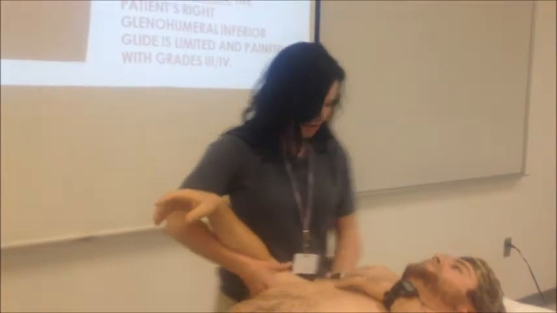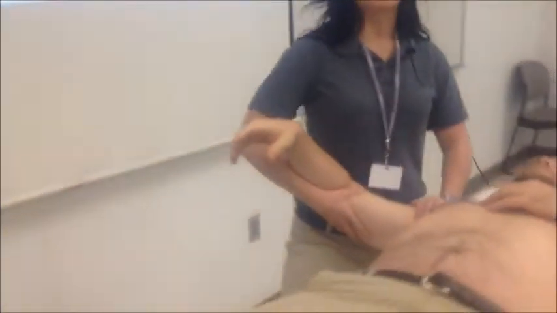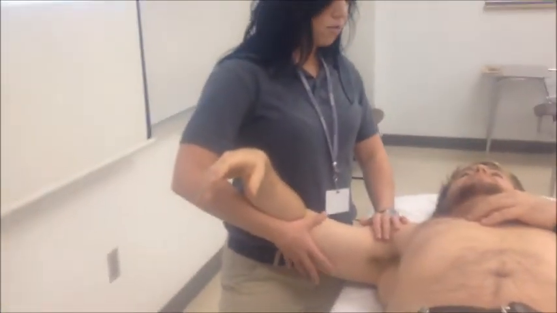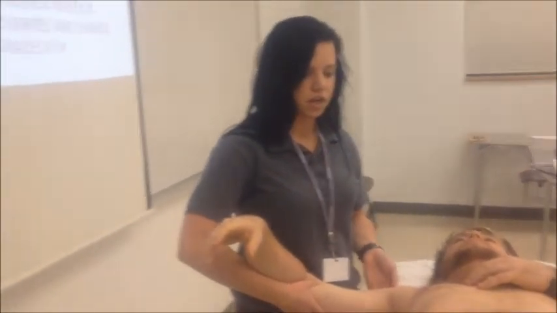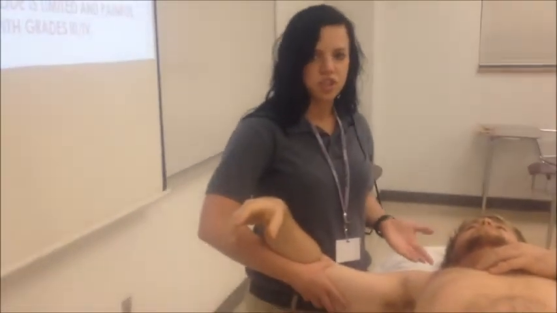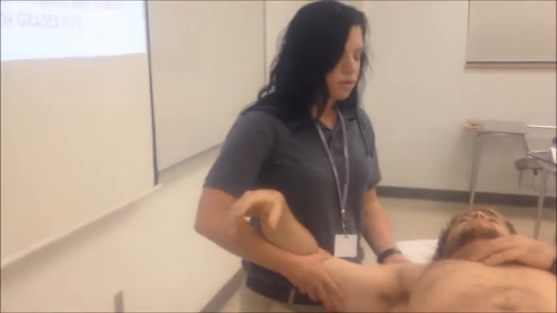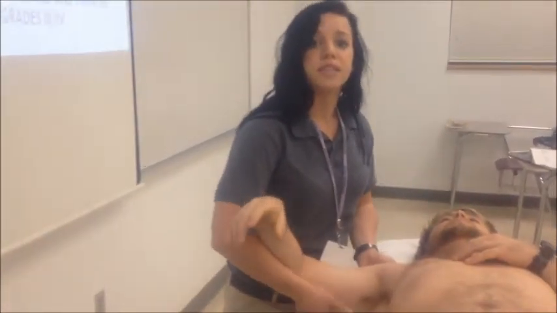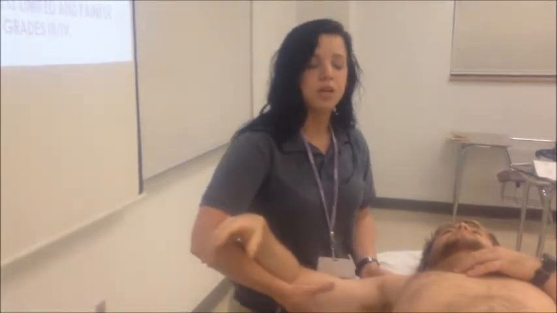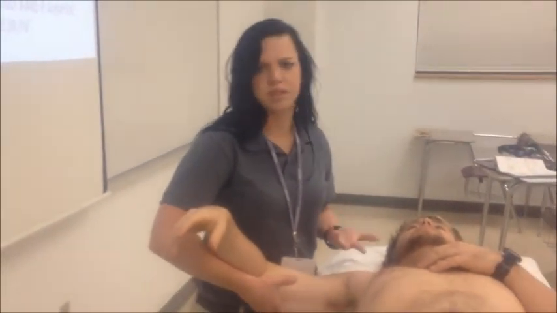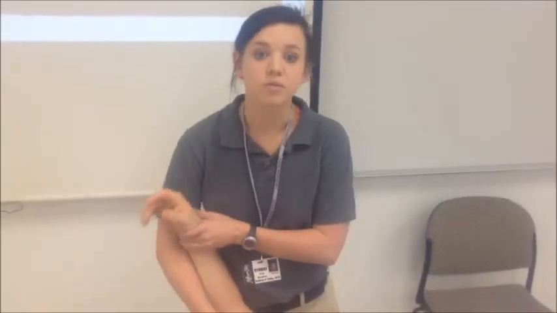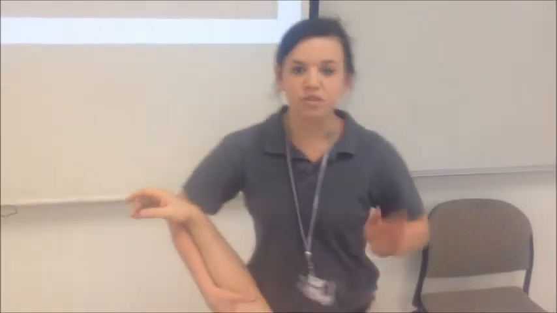Okay? What you're going to do is a grade 1 or 2, which is a lighter form of the inferior glide. It doesn't provide as much of a stretch, but it does allow for mechanoreceptors to be released into the joint capsule so that pain can be blocked and help relieve some of the pain. You have some problems with grades 3 and 4. We're just going to do 1 and 2.